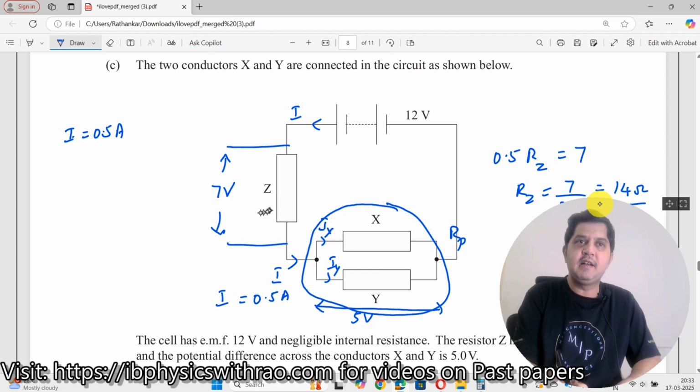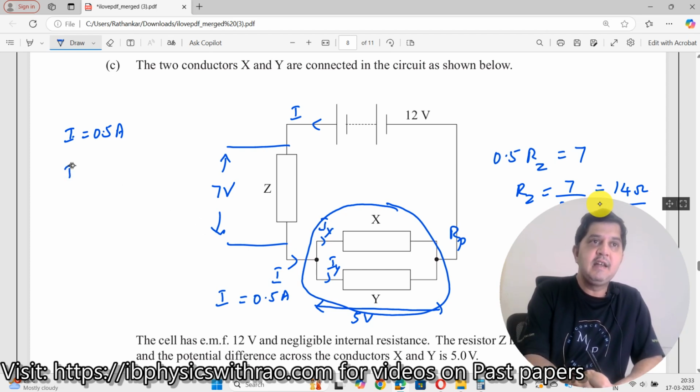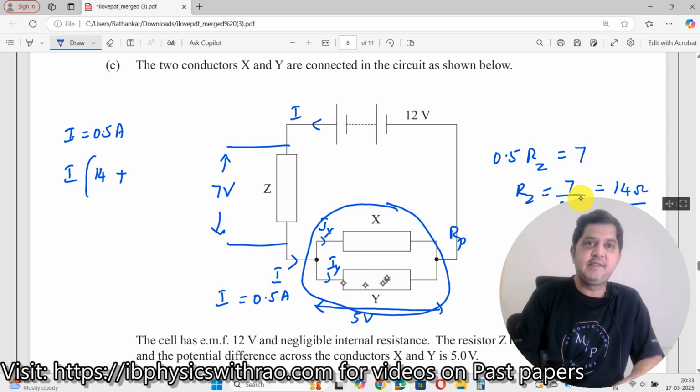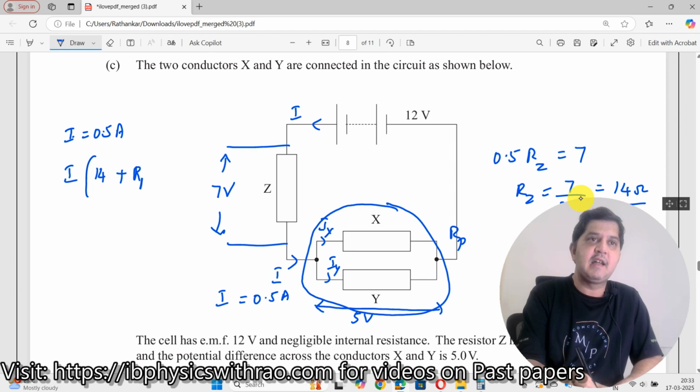Now I is equal to 0.5 amperes. In this case, I will write I multiplied by 14 ohm, the resistance of this one, plus Rp, whatever the resistance of this is, I do not know that value, should be equal to 12 volt. Can I write like this?